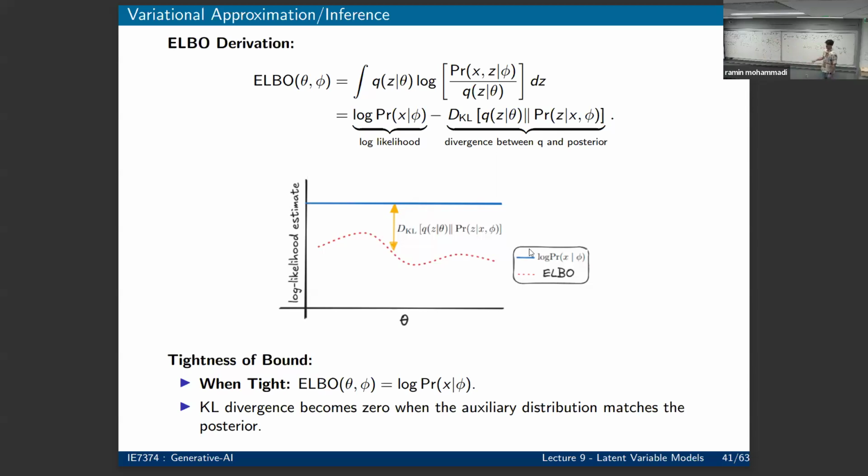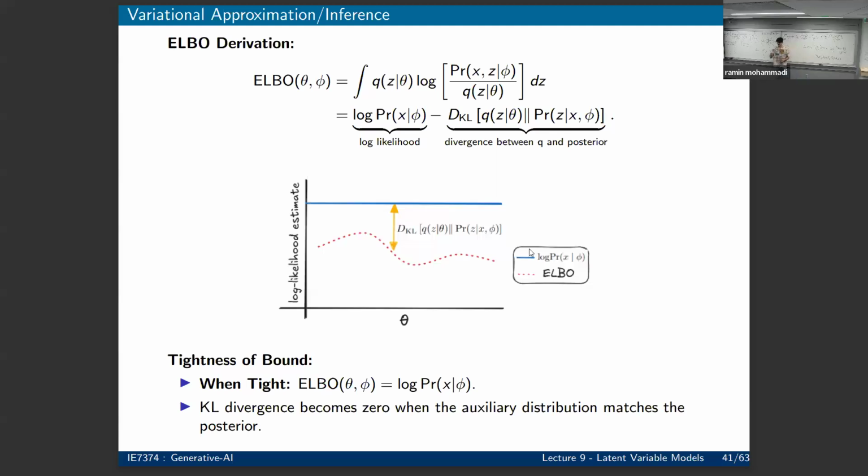That's why the first term is just the log likelihood of the data, log of x, because z doesn't have any impact over the original data. The second term, on the other hand, what is this term? It's the KL divergence between q and p. So this becomes minus the KL divergence between q(z|x) and p(z|x, phi), okay?